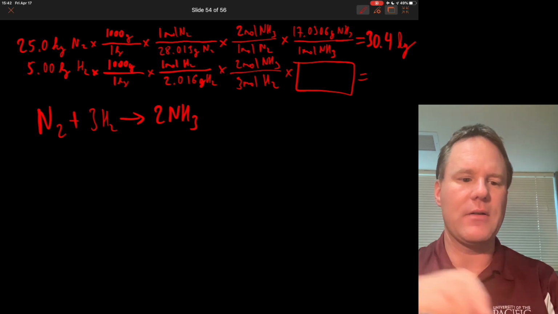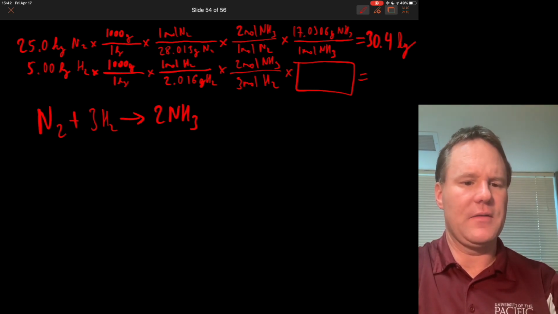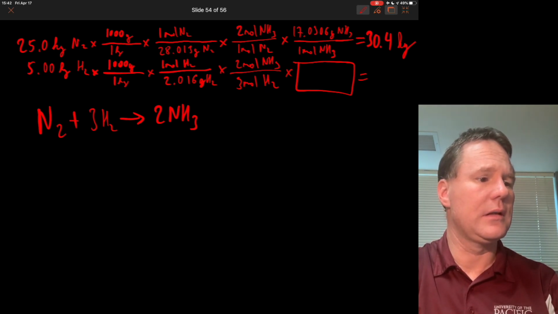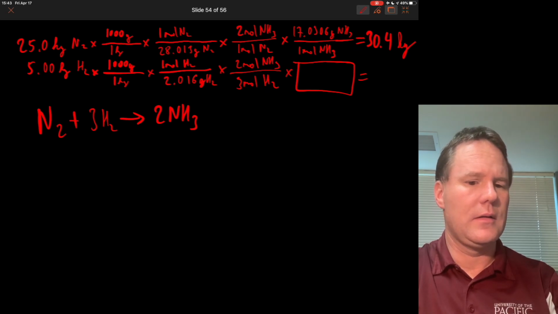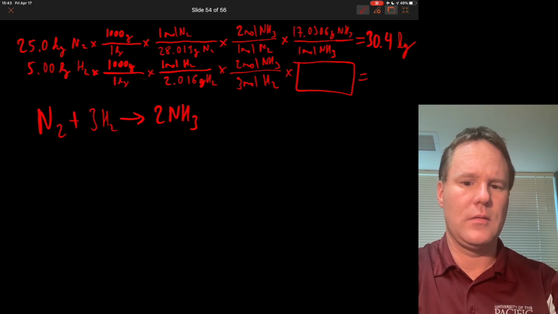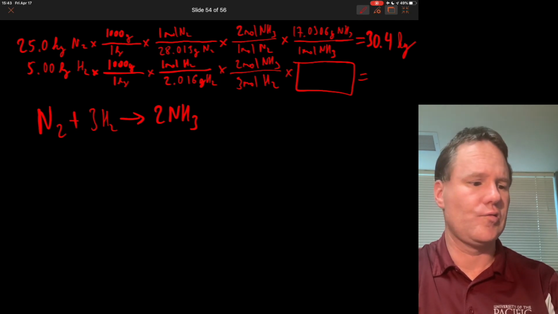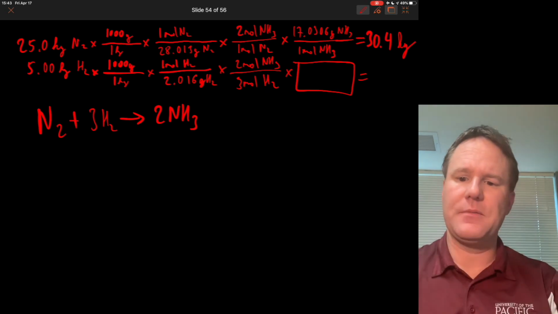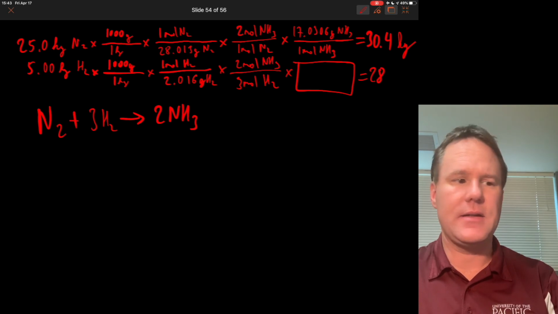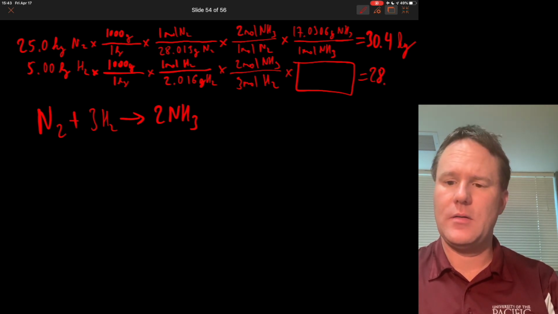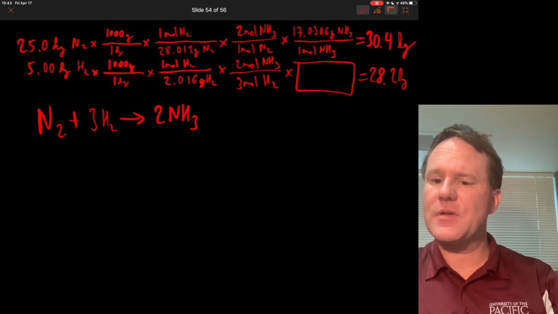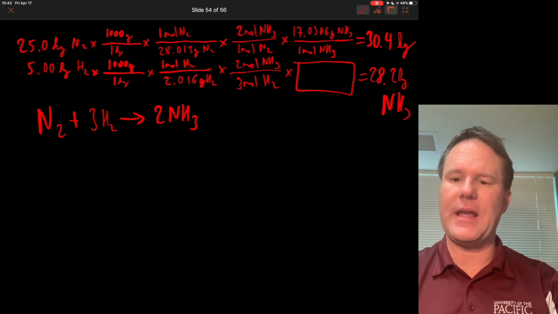What about 5 kilos of hydrogen? Okay, and that would give me 28.2 kilograms of ammonia.